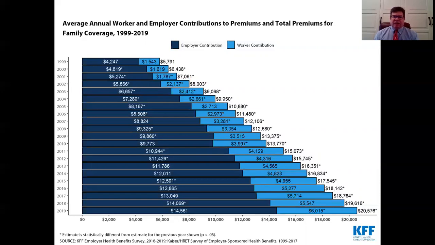And as we've seen here, we've moved up to the point at which in 2019, the average worker contribution is now $6,000, which is substantially more of a percentage, roughly about 25%, versus what it was back even in 1999.